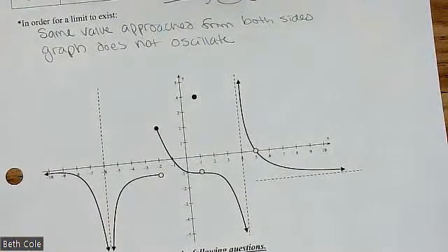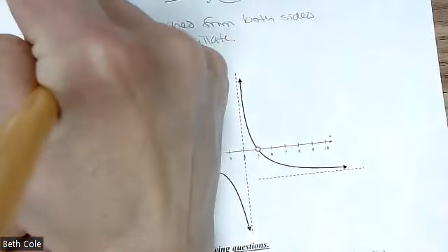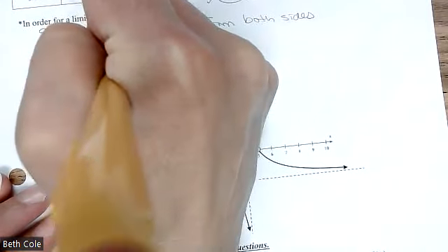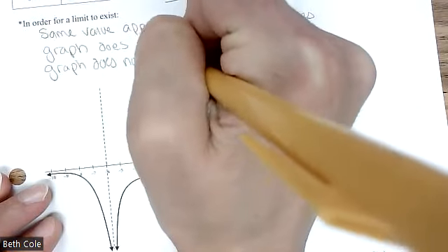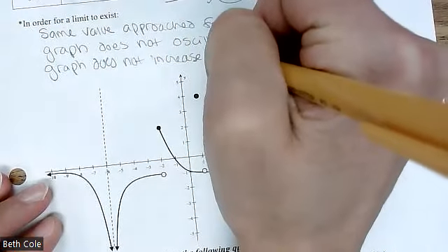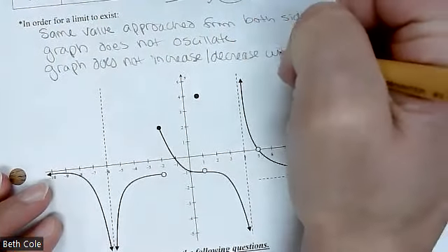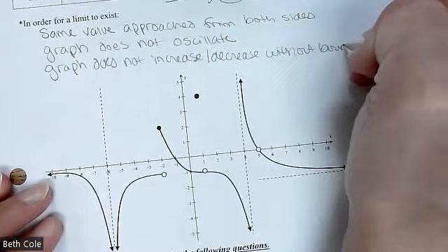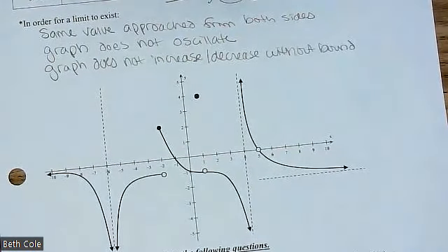And then lastly, the third thing, the graph does not increase or decrease without bound. Actually, before I say what it means, what do you think without bound means? Like without a constraint, like it's going to go forever.